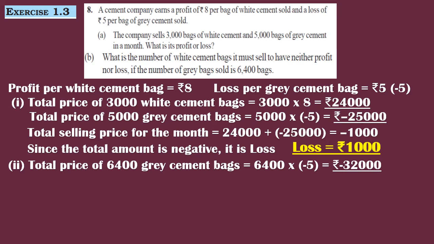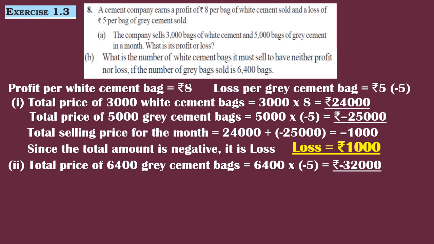So the total price of 6,400 grey cement bags, it is a loss, no? So 6,400 into negative 5, so negative 32,000 is the selling price we are getting. When we add the selling price of both the white cement bags and grey cement bags, if we are getting 0, that means neither profit nor loss. Whatever you purchase, the same amount you got.